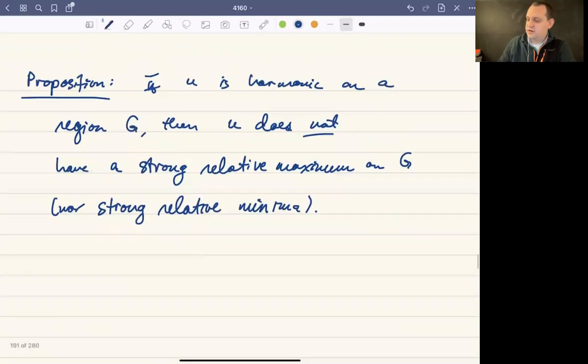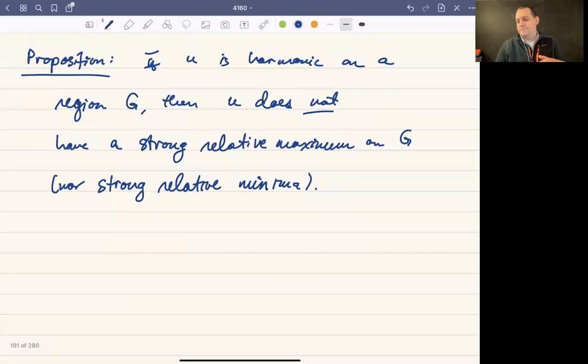So that's the first thing. Harmonic functions over a region, over an open connected set, do not have strong relative maxima or strong relative minima.